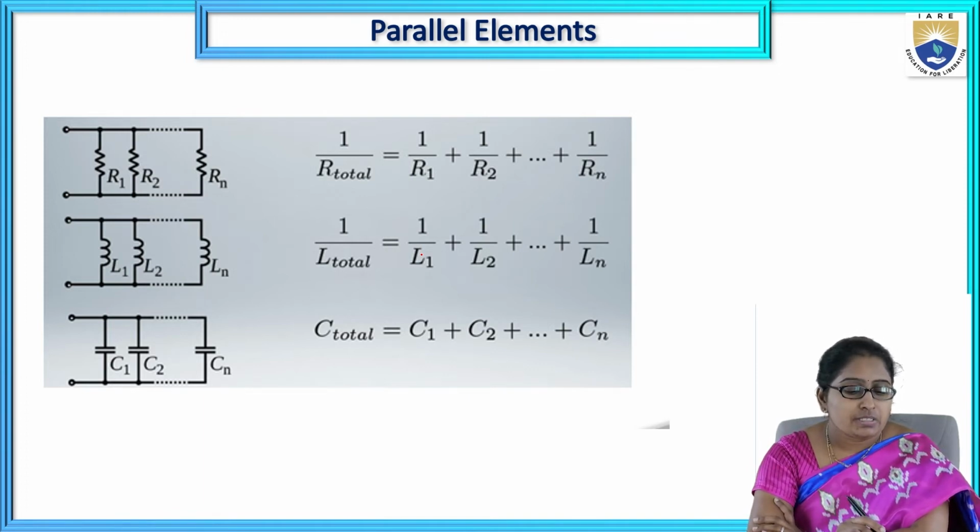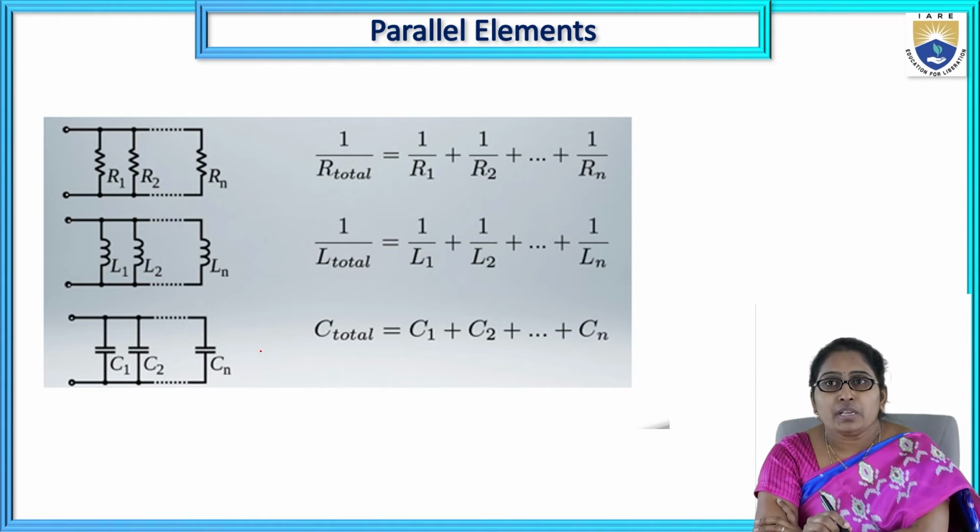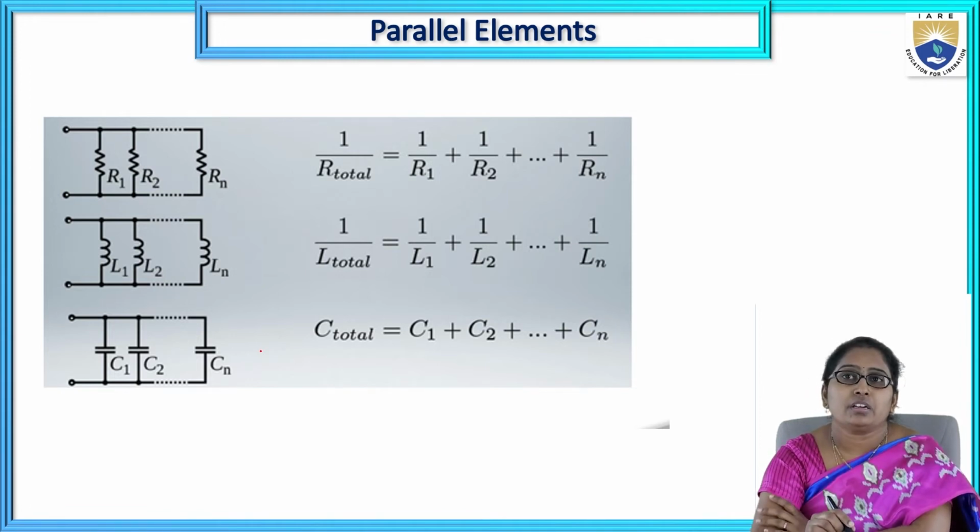Next, n number of capacitors connected in parallel: the equivalent capacitance C total is simply the sum C1 plus C2 and so on up to Cn.